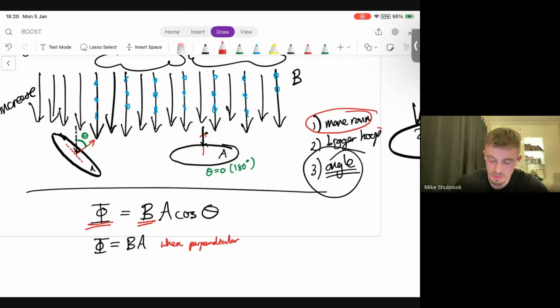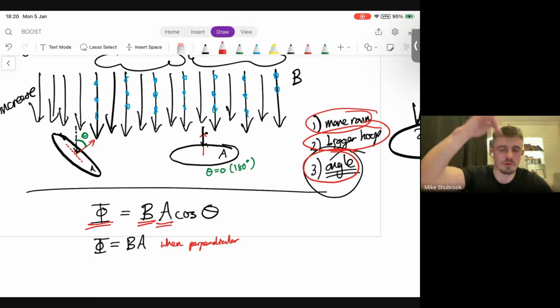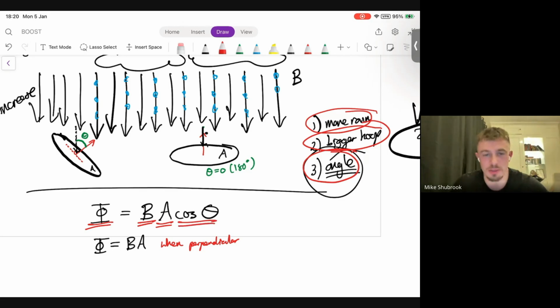The second thing we said was use a bigger hula hoop because then more rain will fall through it. That's equivalent to increasing this area enclosed by our wire. And the third thing we said was we need to make sure that the tilt of the hoop is such that most of the rain will fall through. And that's equivalent to maximizing this term here. So if you want to maximize this, you maximize one or all of these things here.